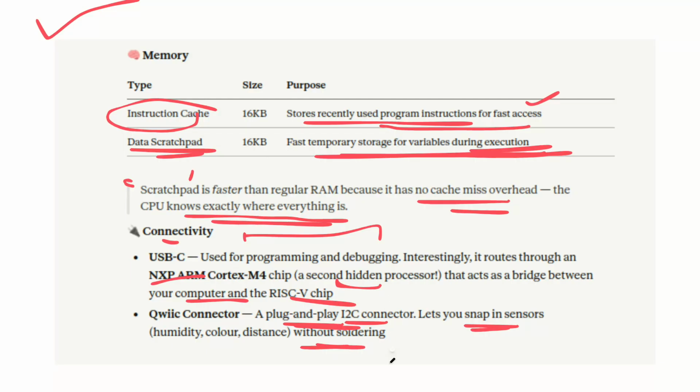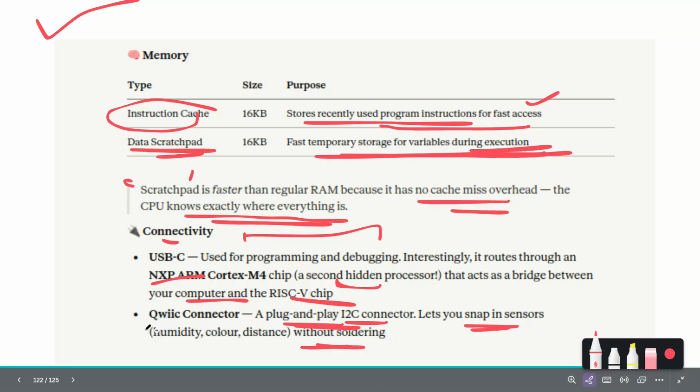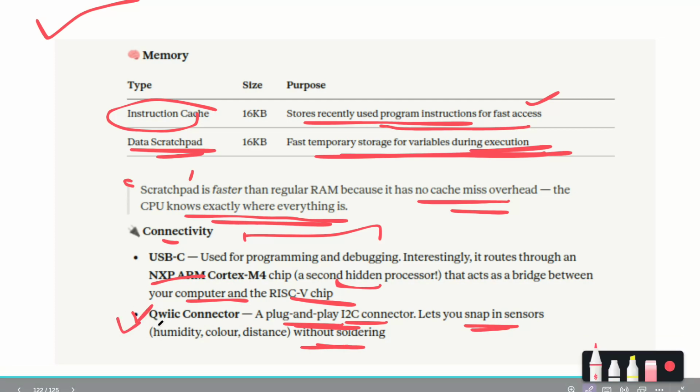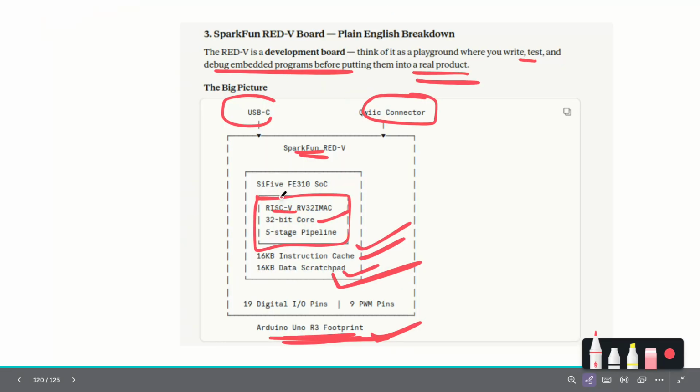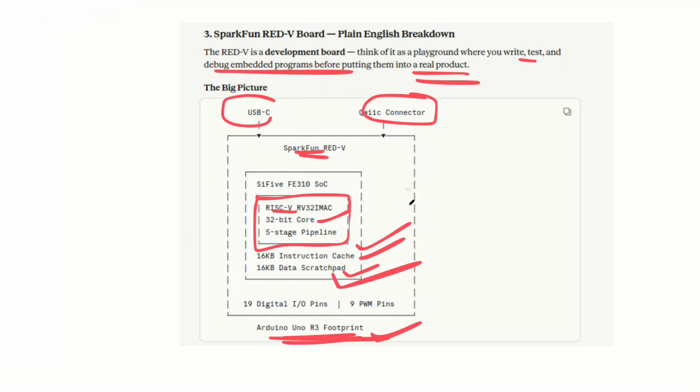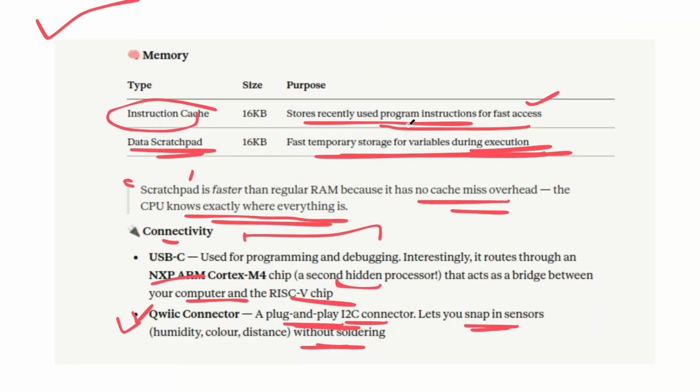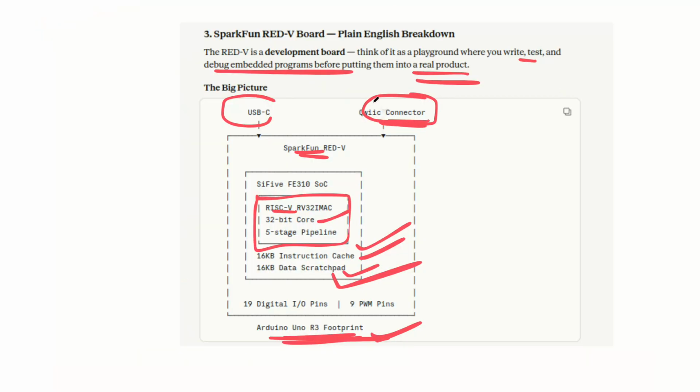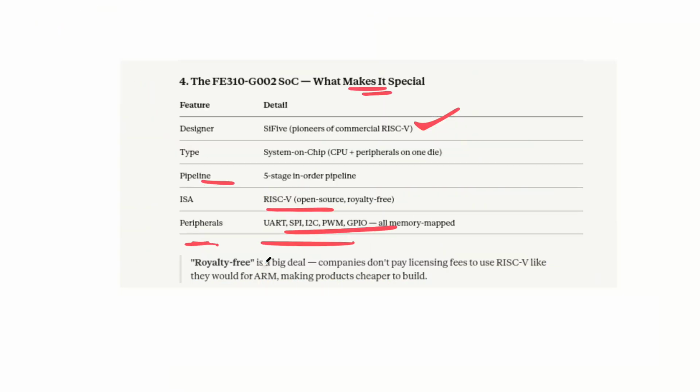The Qwiic connector is plug and play. It is used to snap on our sensors without soldering, since our sensors have to be connected to this RISC-V. That is done using this Qwiic connector, like a plug-and-play I2C connector. USB is used to connect the computer with this RISC-V, and it has this mini processor, the NXP ARM Cortex-M4 chip.